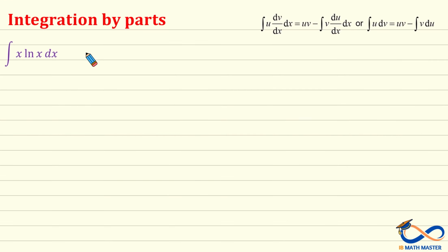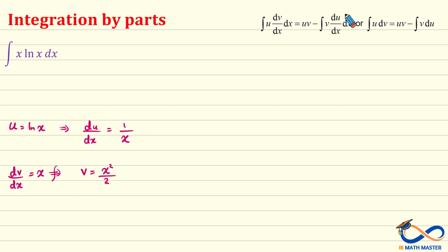Here now we have another example. We have x multiplied by ln x. As we said first, we assume u to be ln x, and therefore the derivative of ln x will be 1 over x. dv over dx will be the algebraic part, so when we integrate to find v, it will be x squared divided by 2.